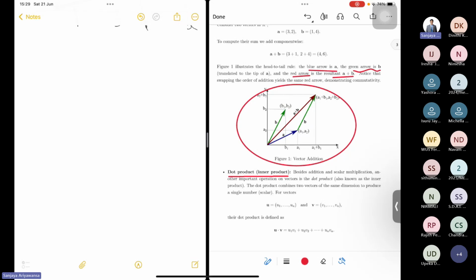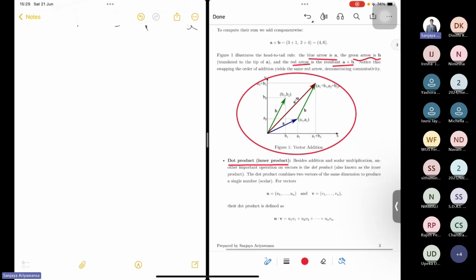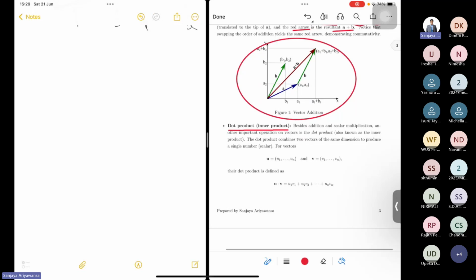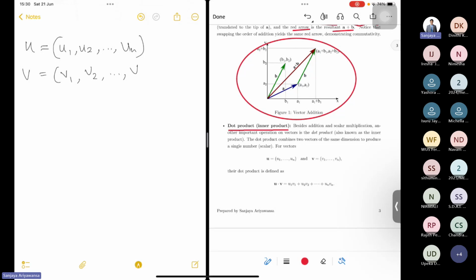The dot product combines two vectors of the same dimension to produce a single number. For vectors u and v, let's take a generalized set of vectors. u is given by u1, u2, up to un. Then another vector v, v1, v2, up to the same number of components, vn.